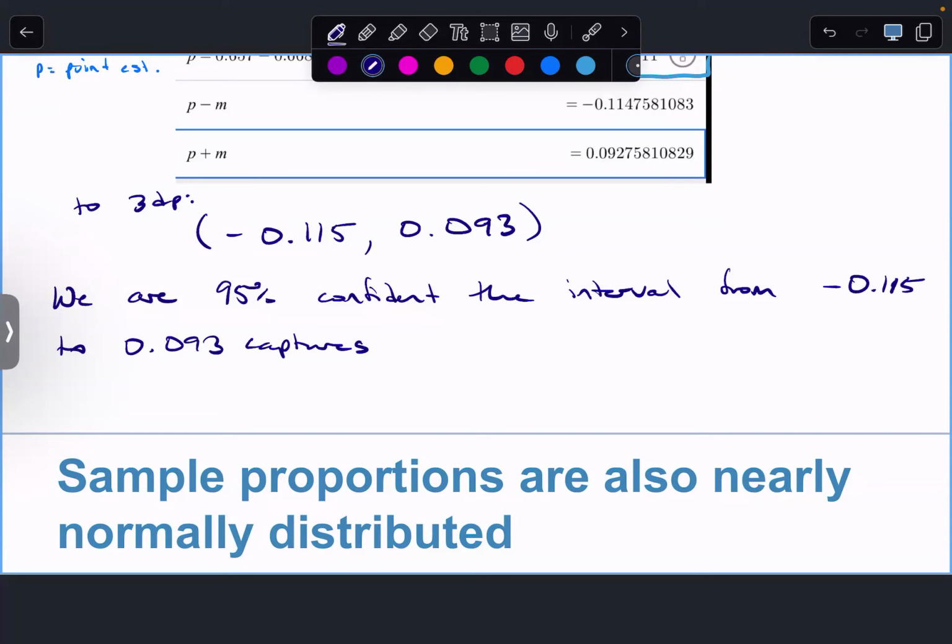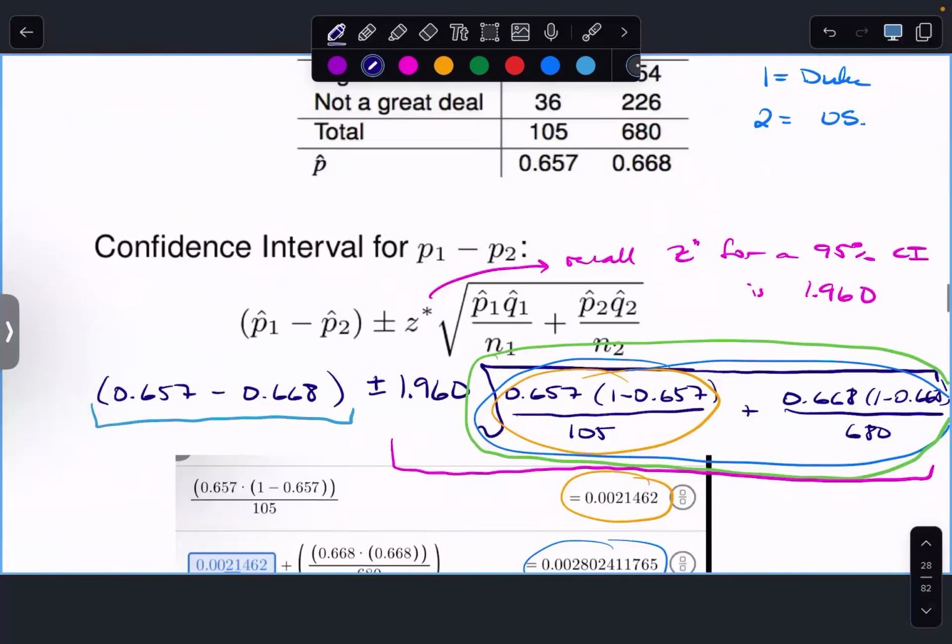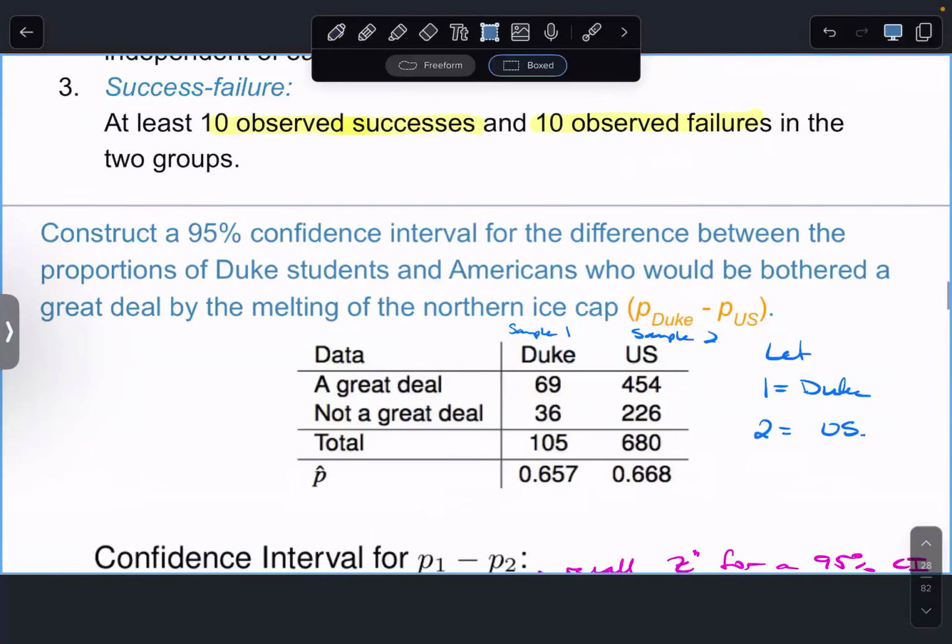But this is where I'm going to snag from the question. Construct a 95% confidence interval for, and then this is what I'm going to reword as my answer, the difference between the proportions of Duke students and Americans, implying the populations, who would be bothered a great deal, and so on.